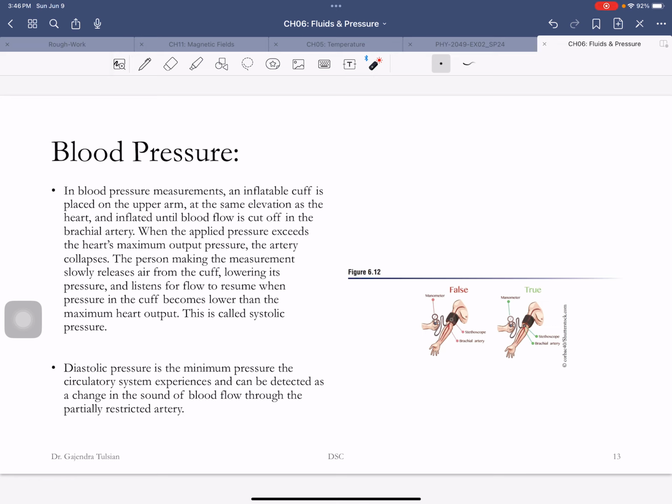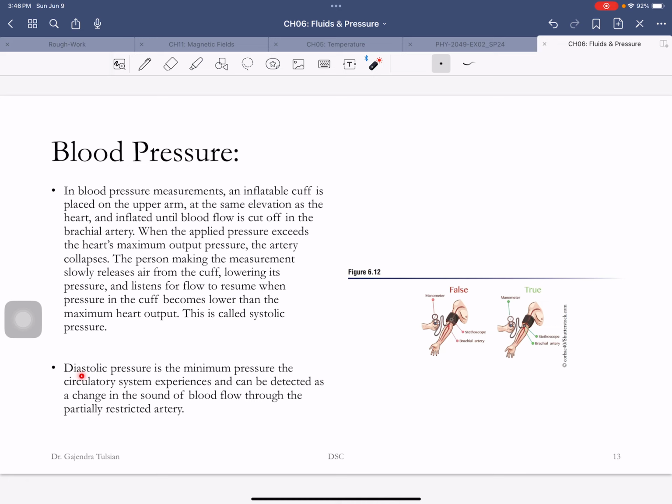The person making the measurement slowly releases air from the cuff, lowering its pressure, and listens for the flow to resume. When the pressure in the cuff becomes lower than the maximum heart output, blood will start flowing, and this is called the systolic pressure. So you're listening for the blood flow to restart, and that's the systolic pressure.